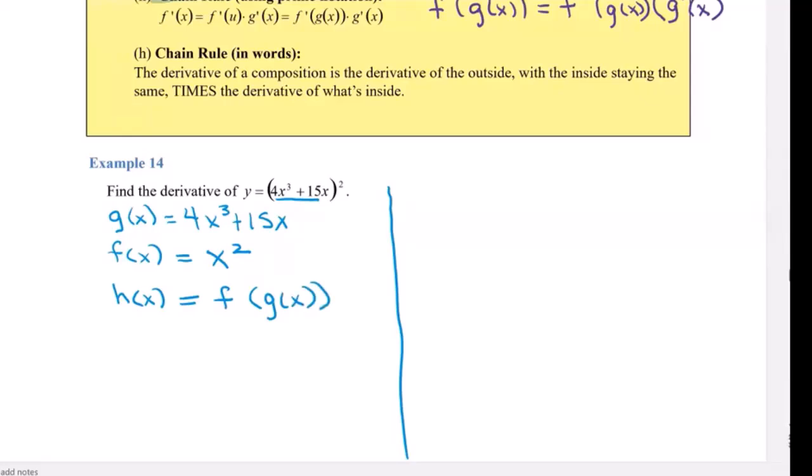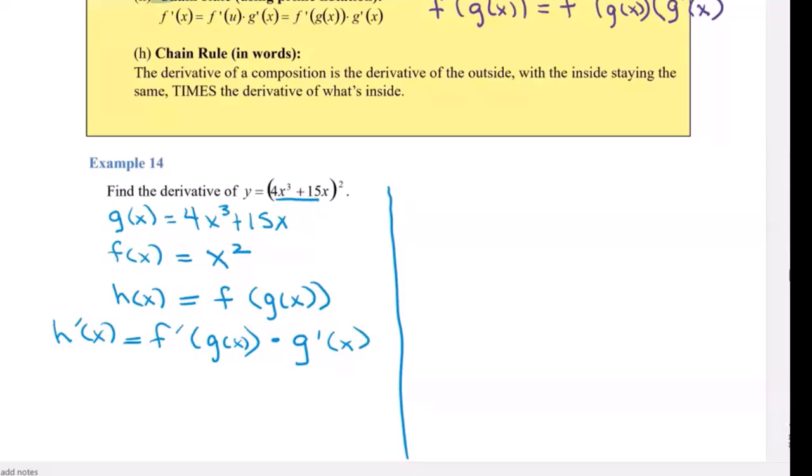So now what they're telling me is that h prime of x is equal to f prime of g of x, whatever was there, times g prime of x. So that's the outer inner thing.